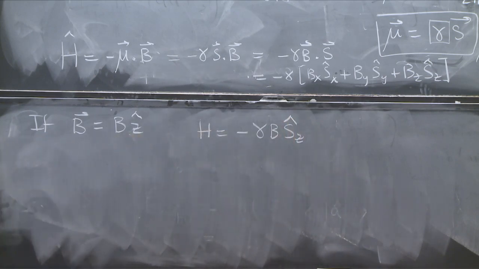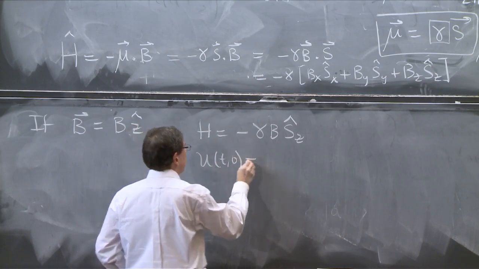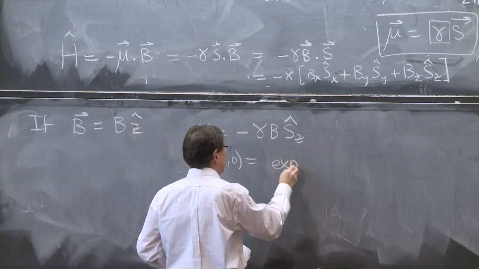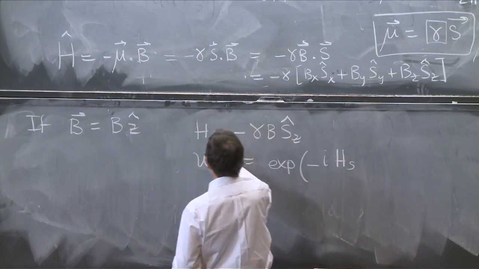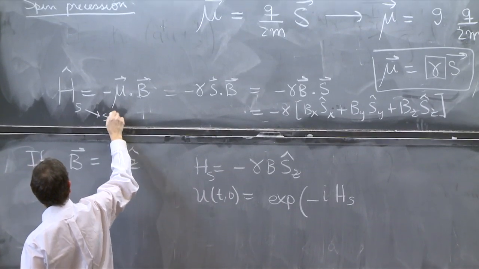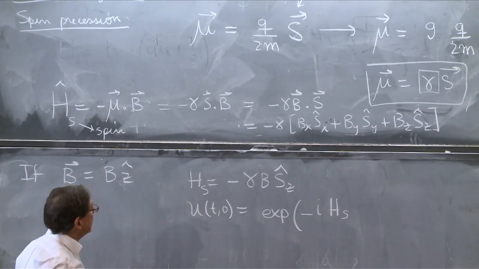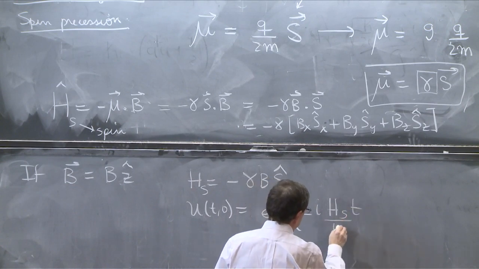And the unitary operator that generates time evolution of states, the unitary operator U of t, is exponential of minus i, I'll call it H sub s for spin, H sub s t over h bar.